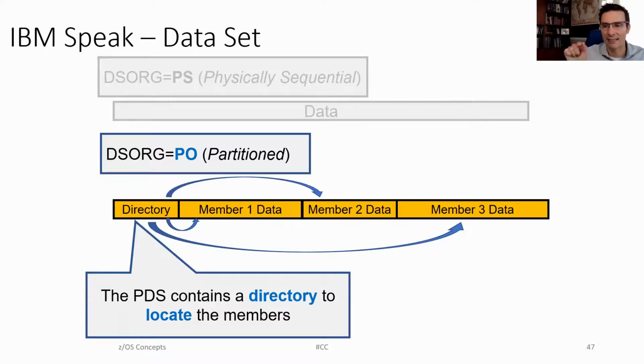When I select one of those members, I can only see the data contained in that member. Even though there are many members in this one data set, I can't look at all of the data set, only the member within it. It's like being in a directory in a Unix or Windows file system and editing a particular file inside; each of those files is kind of like a member in that data set.